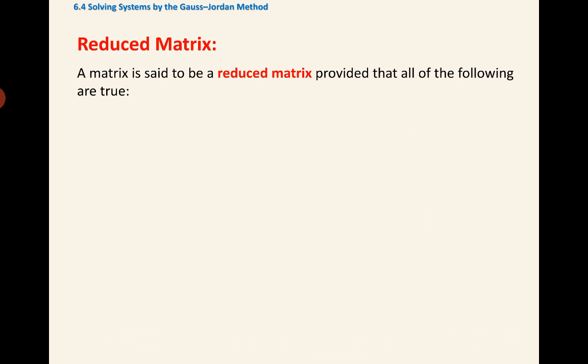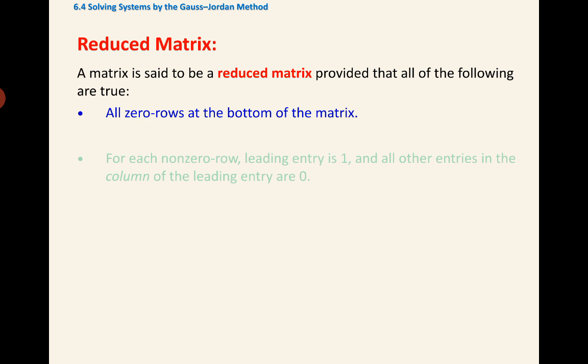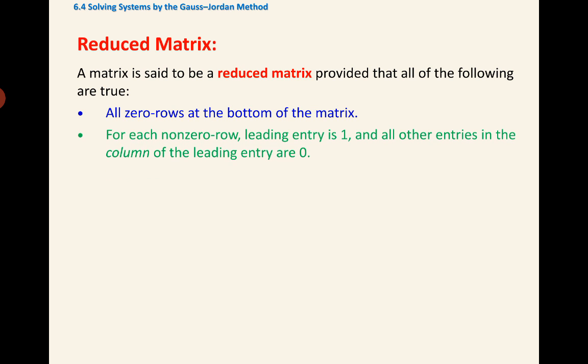Next, reduced matrix. A matrix is said to be a reduced matrix provided that all the following conditions are true. First, all zero rows are at the bottom of the matrix. Second, for each non-zero row, the leading entry is 1, and all other entries in that column are 0.